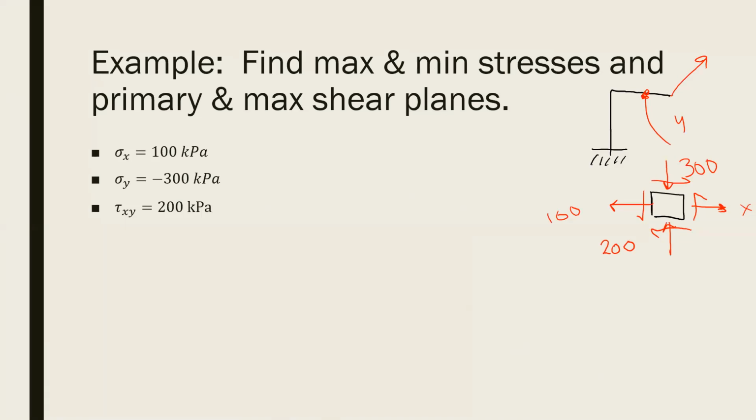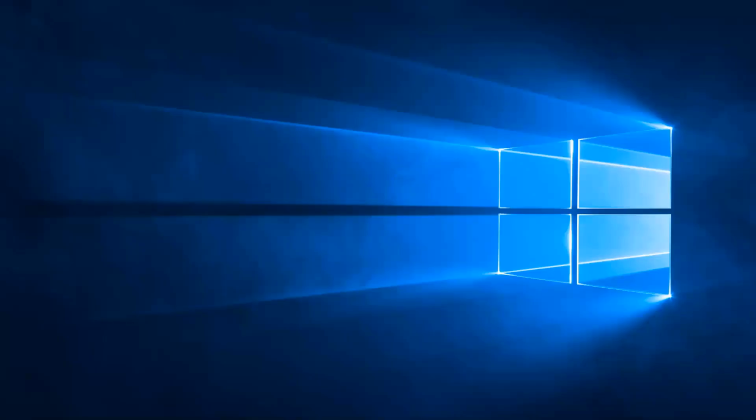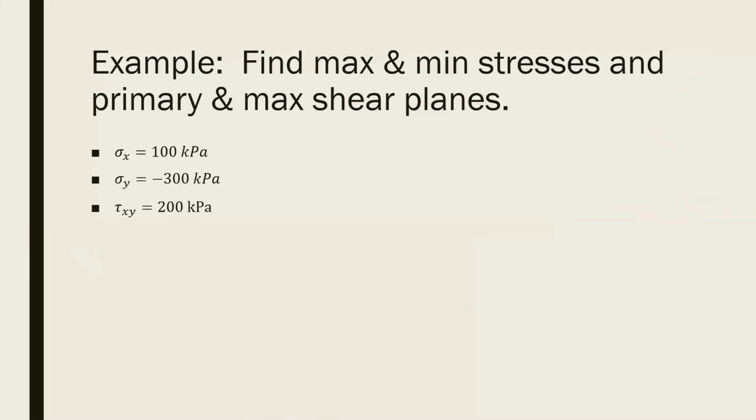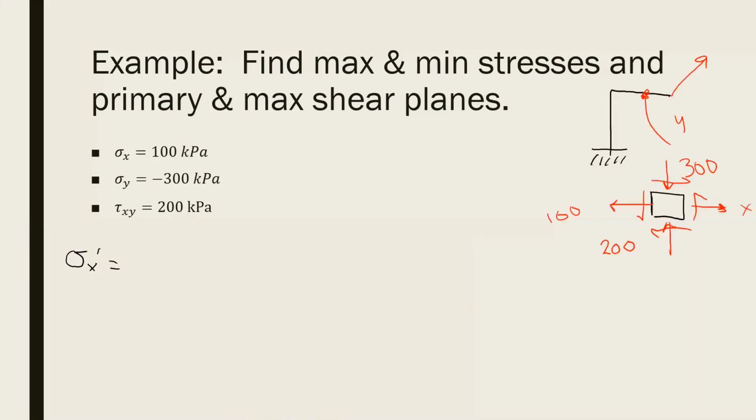So if we look at our equations for sigma x prime, sigma y prime and tau x prime y prime, we're going to get some equations that look like this. Sigma x prime is equal to the average.